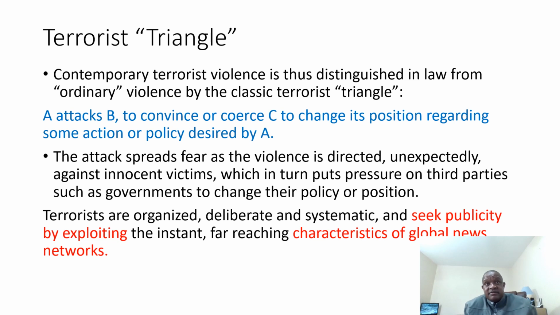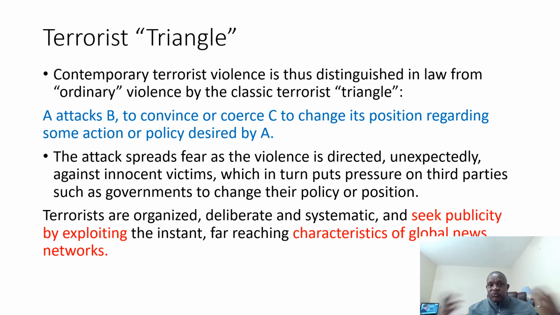Terrorists are very organized, deliberate, and systematic, and they seek publicity by exploiting the instant, far-reaching characteristics of global news networks. We say the global news network is a double-edged sword. It gives us the information, but it also assists in spreading fear, in causing panic, and it assists the terrorists in their radicalization agenda and their recruitment agenda.